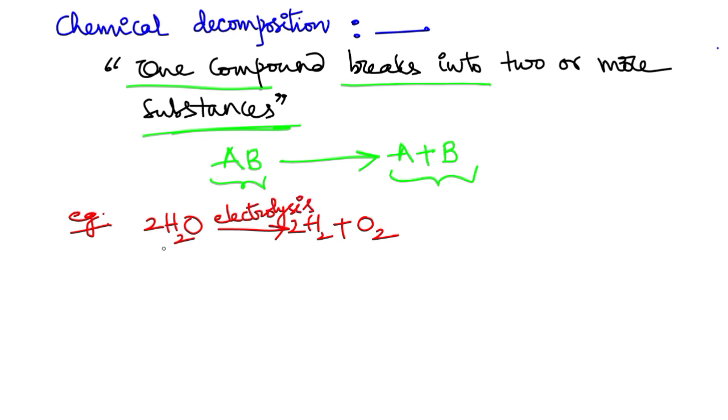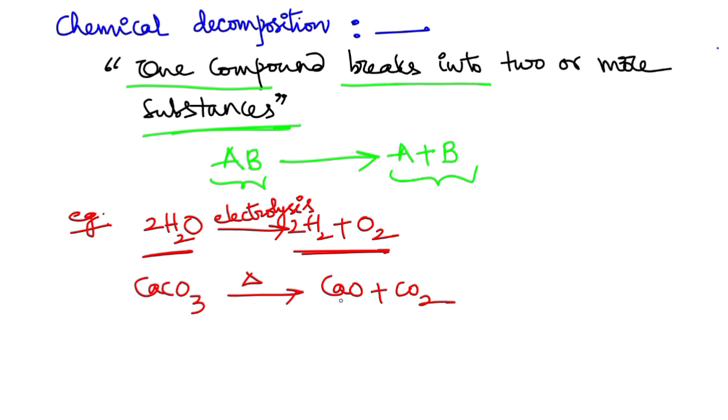If you electrolyze water, it is decomposed to hydrogen and oxygen. In a similar way, CaCO3, calcium carbonate, when it is heated, it is decomposed to CaO plus CO2, calcium oxide plus carbon dioxide. Here also the reactant is 1 and the products are 2.